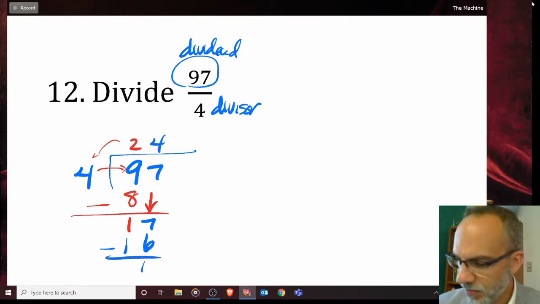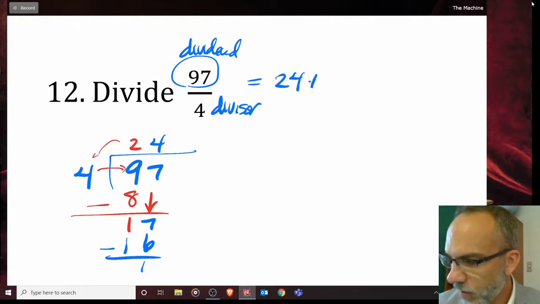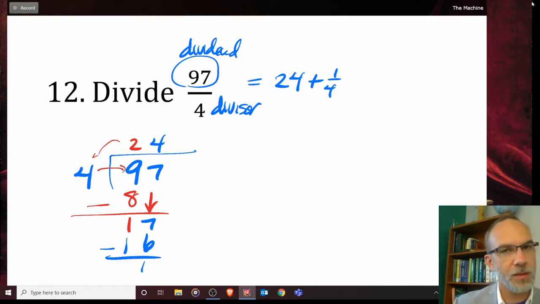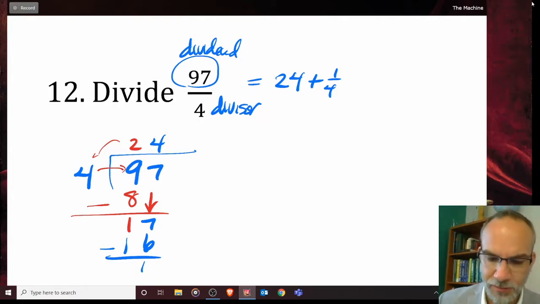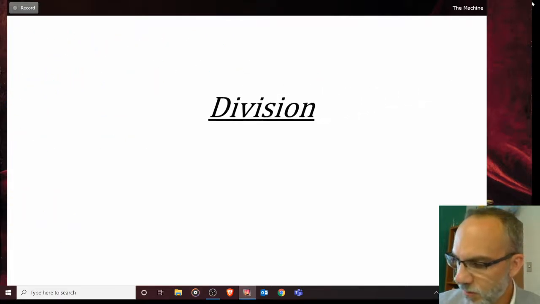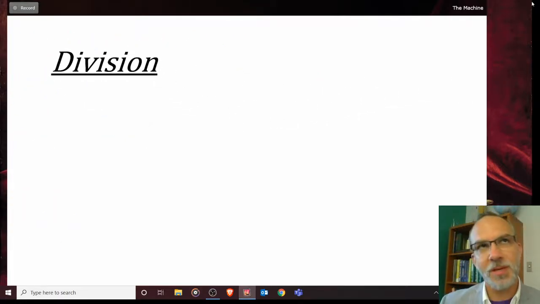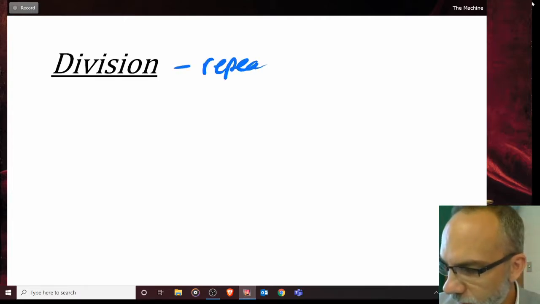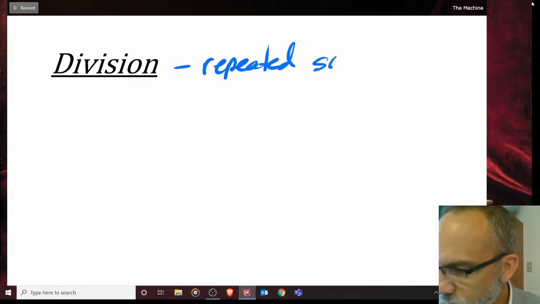How do I write that? This is going to be the answer, 24 plus 1 over 4. I don't do mixed numbers. Write a plus in there if you need to. We'll talk about that a little bit later. Okay. Order matters when you divide. Okay. So what's division? If multiplication is repeated addition, division is repeated subtraction.